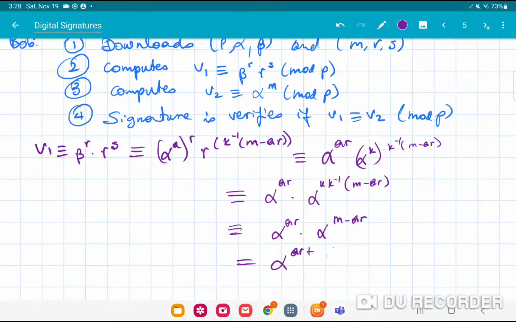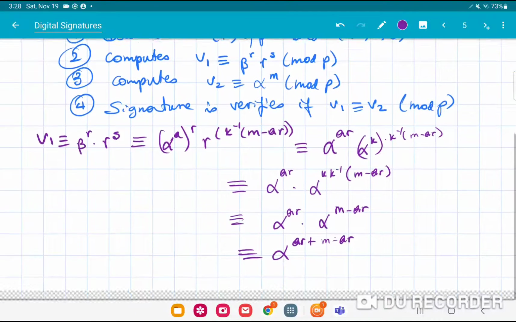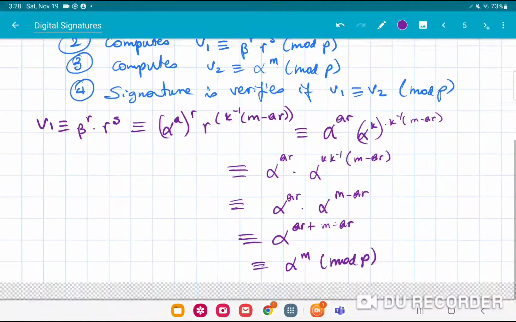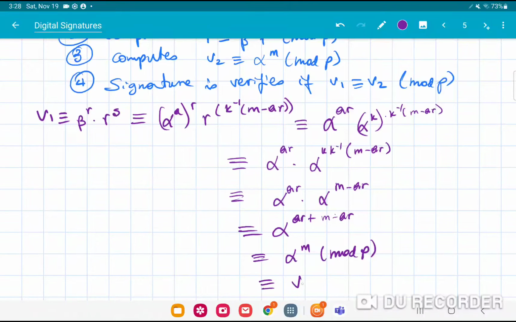AR plus M minus AR, and this gives you alpha to the power of M mod P, which is actually what V2 is. So the signature is verified.